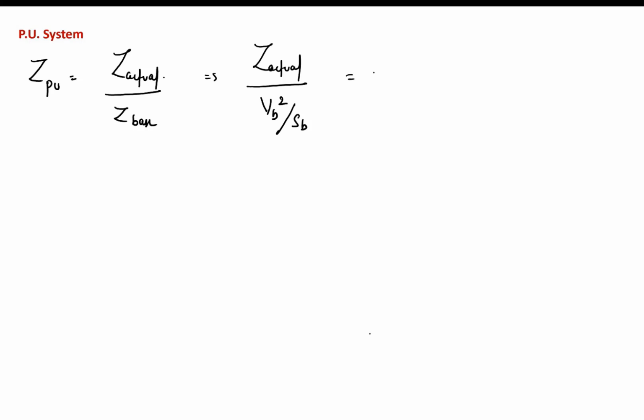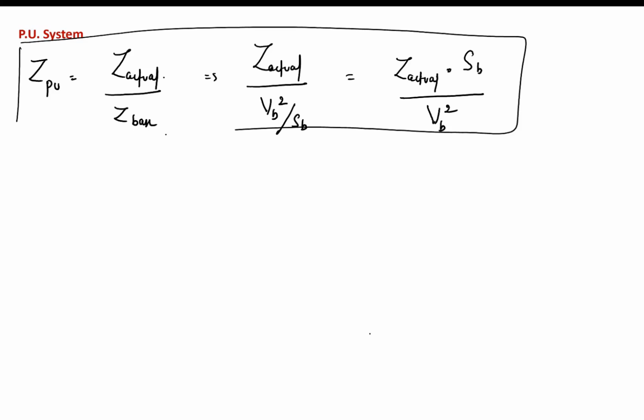So this will give Z actual into S base divided by V base square. This is the per unit impedance formula when you know the actual impedance value. This is one more relationship. Okay. So this is the second relationship which you have to remember.